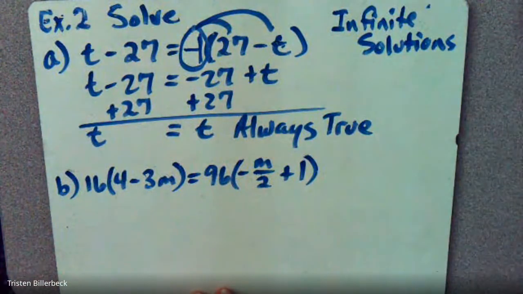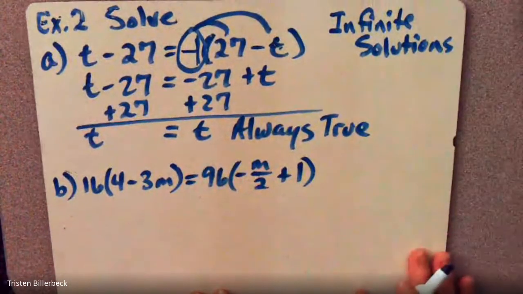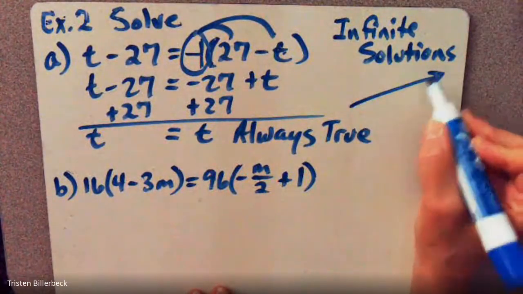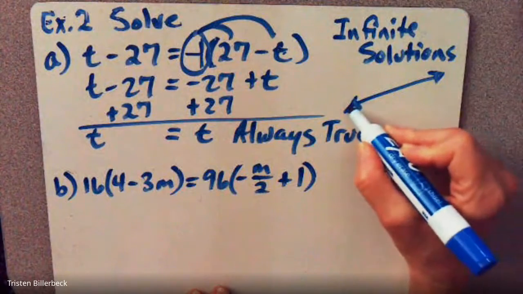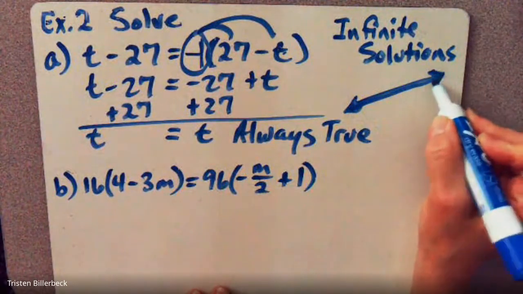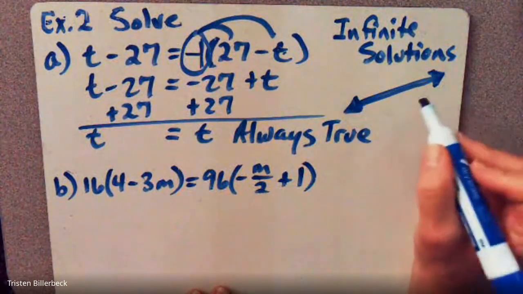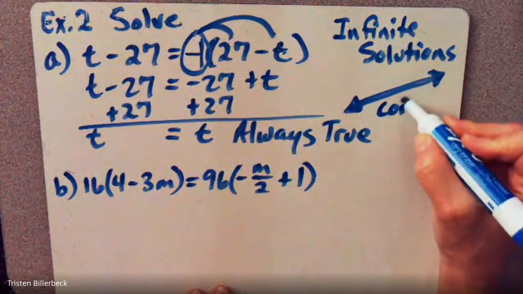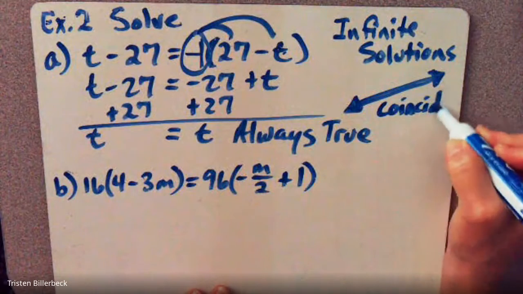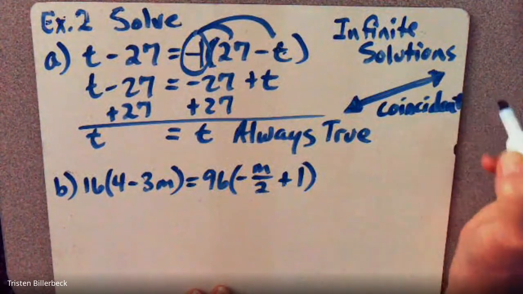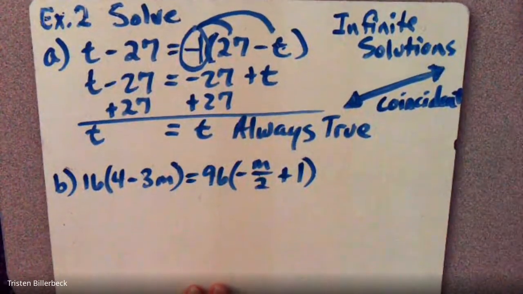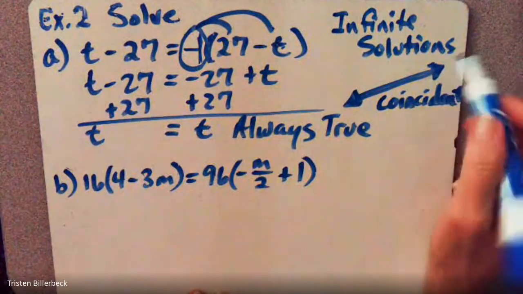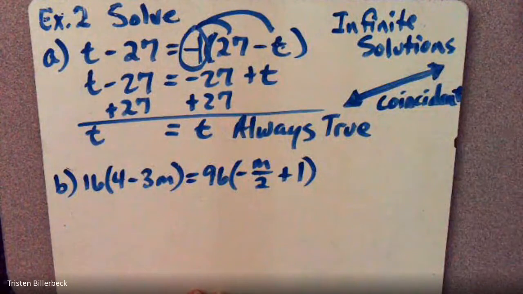So when we get into looking at linear systems, what that looks like is we have a line on top of another line. So it's actually the same line. Those would be coincident lines. If we were talking about what type of linear system we're looking at, we'd be looking at a coincident system.